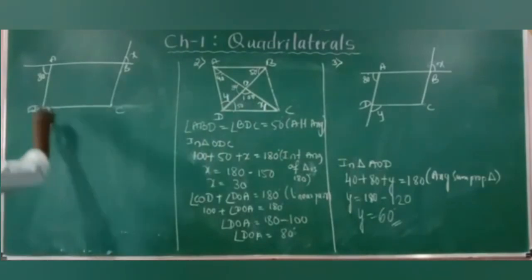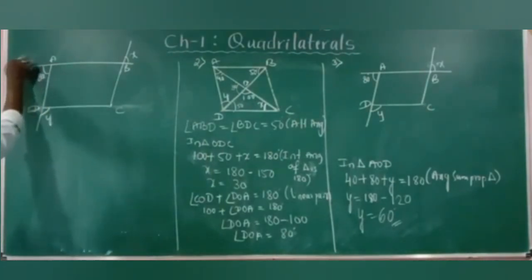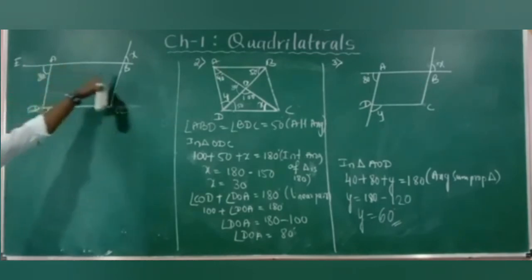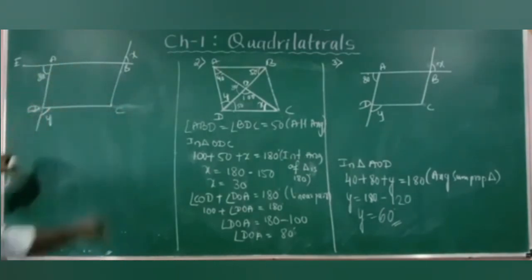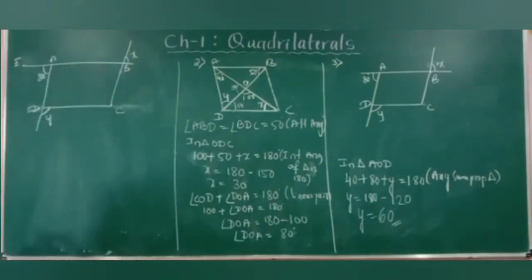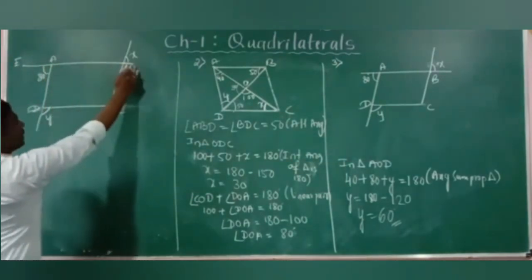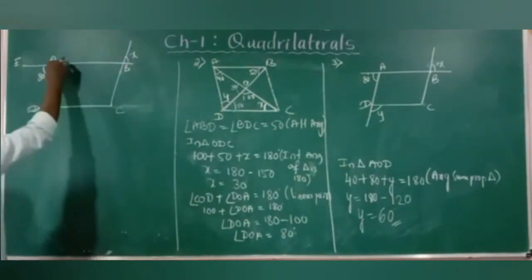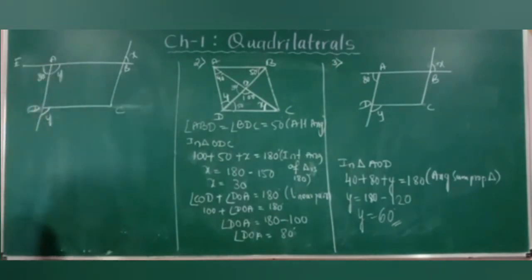Here take one more point as E. Now angle EAD plus angle DAB is equal to 180 degrees, because the sum of these two angles forms a linear pair. If AB is parallel to CD, these two angles are corresponding angles.